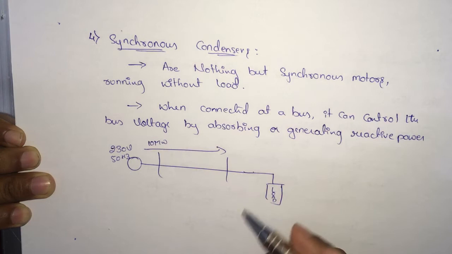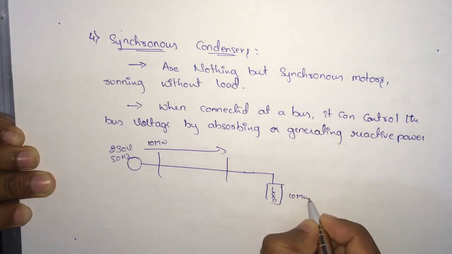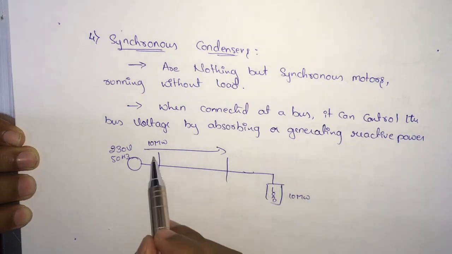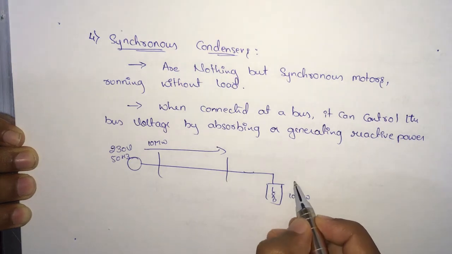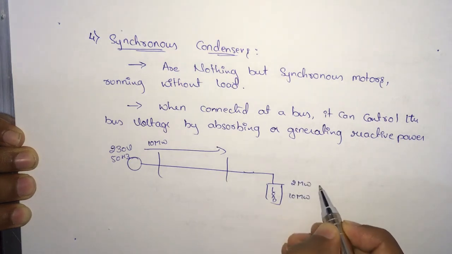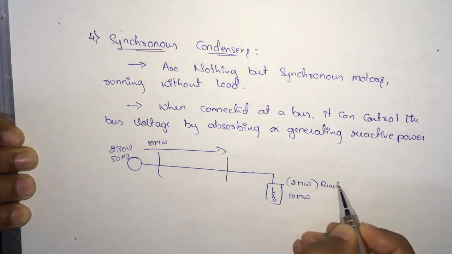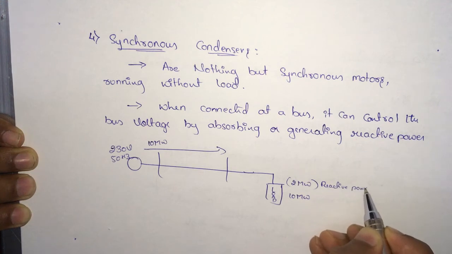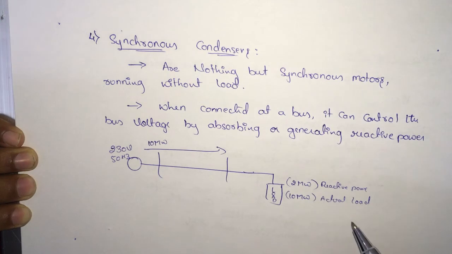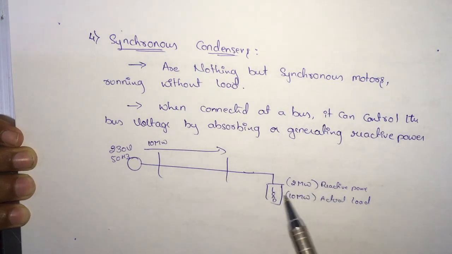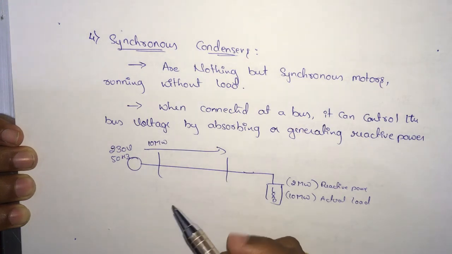Not actual numbers. The load is 10 megawatt, and the reactive power is 2 megawatt. Reactive power is part of the actual load. Now we need 2 megawatt of extra power to be transmitted, which is a burden for the supplier.